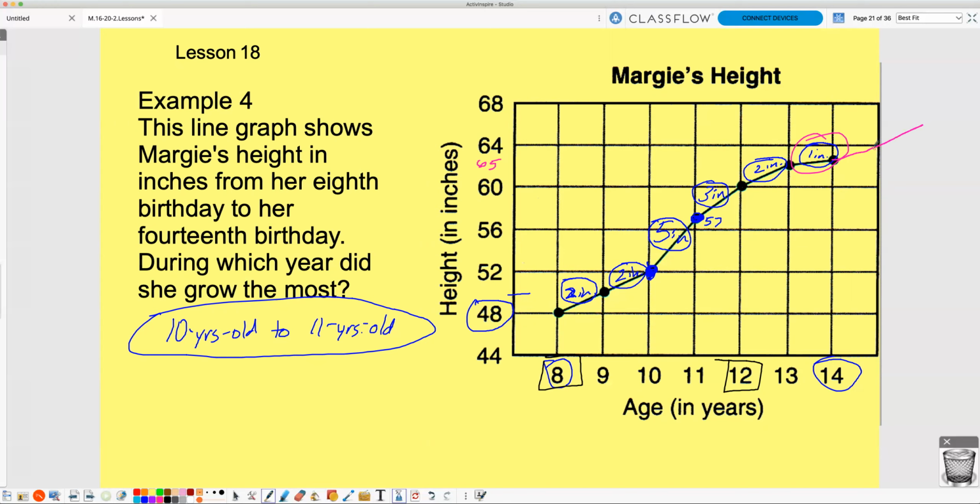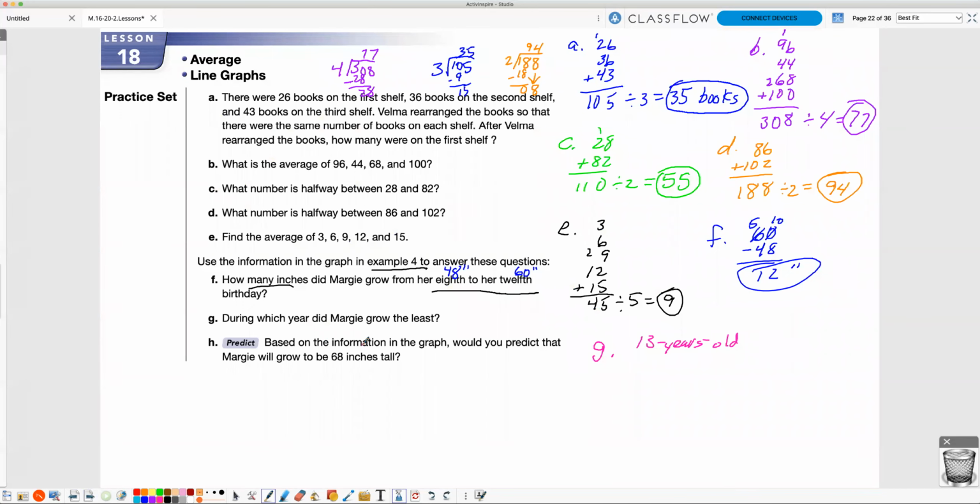Maybe. Usually people stop growing somewhere around the age of 18. Sometimes people have growth spurts in their first year of college, but most of the time people are done growing by the age of Margie right here. So based on the information in the graph, would you predict that Margie will grow to be 68 inches tall? What do you believe? Go ahead and answer that.